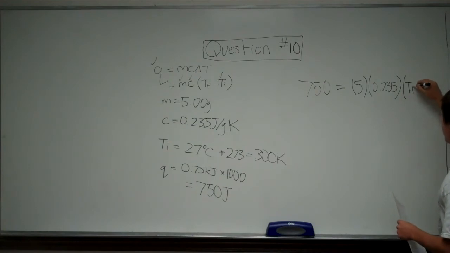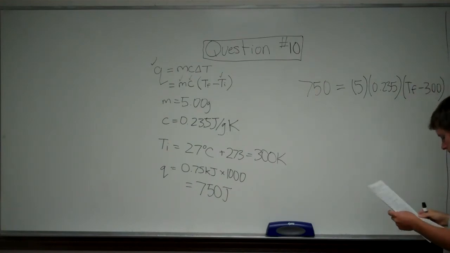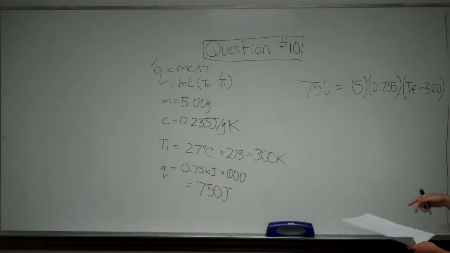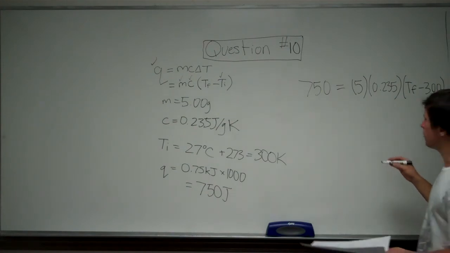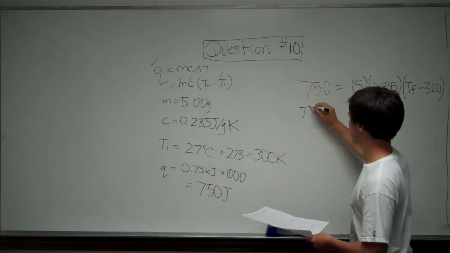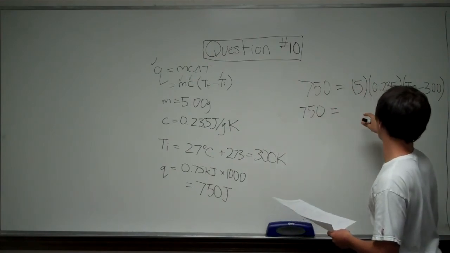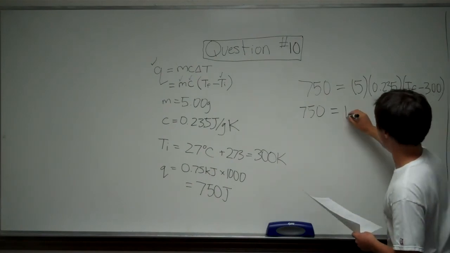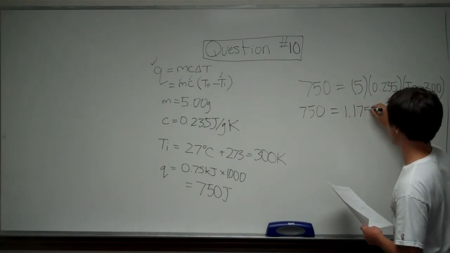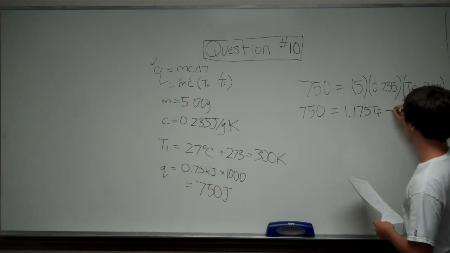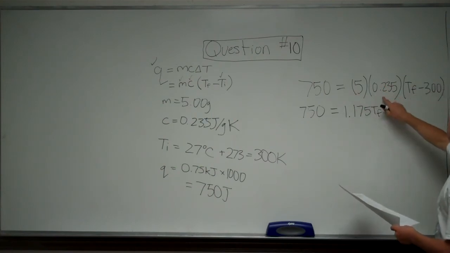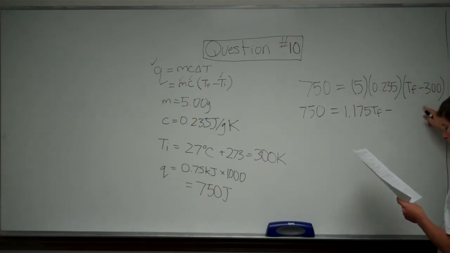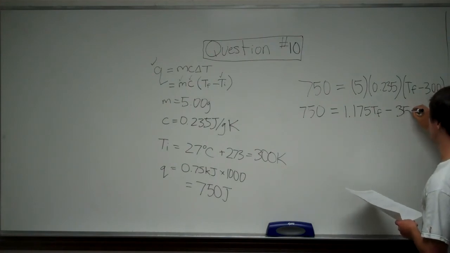So TF minus 300. That's definitely a calculator problem, but if you multiply it out, you're going to get 750 equals 5 times 0.235 times TF, so 1.175 TF, minus 5 times 0.235 times 300, which is 352.5.